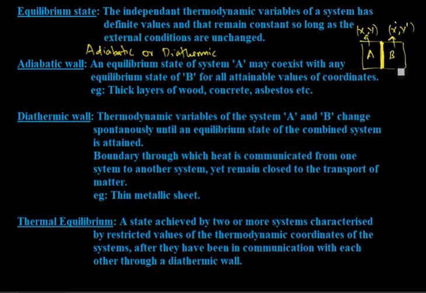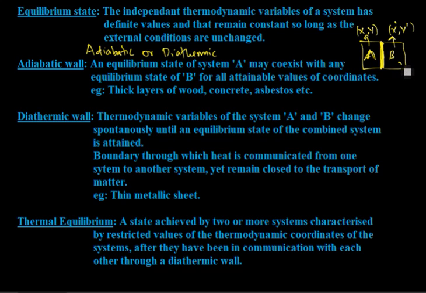That means initially suppose the system A is in the state characterized by the coordinates x and y, and system B is in the state defined by the coordinates x prime, y prime.